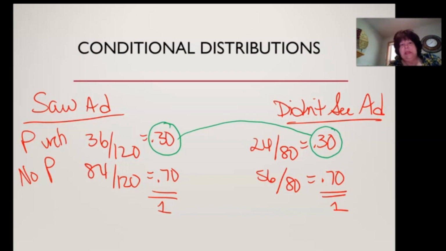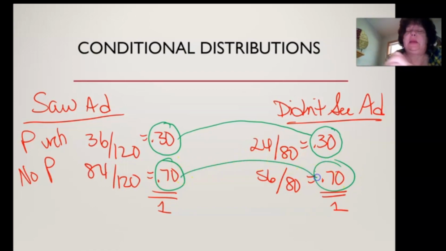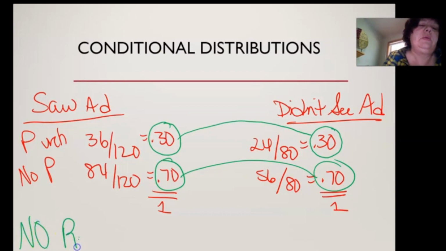You see that? I have the same percentage in each group that made a purchase, whether you saw the ad or not. And then 70% did not make a purchase, no matter if you saw the ad or not. So there is no relationship here.